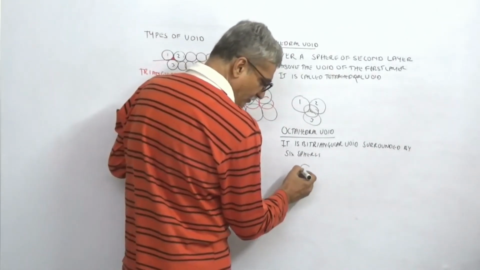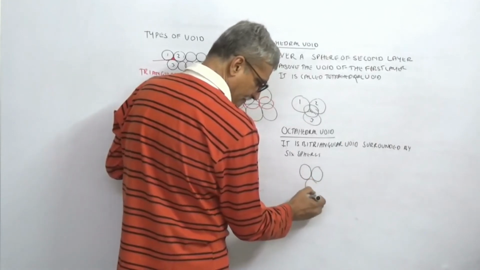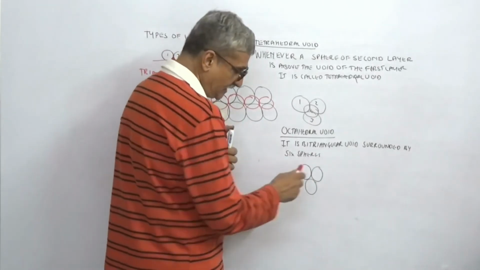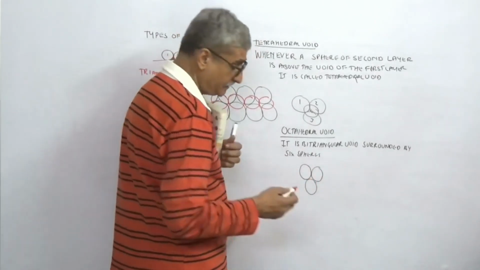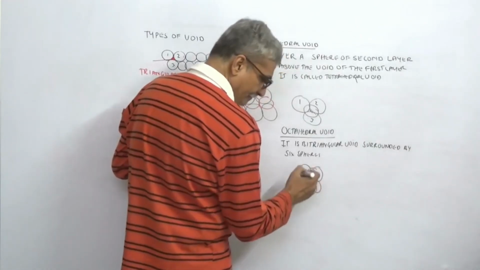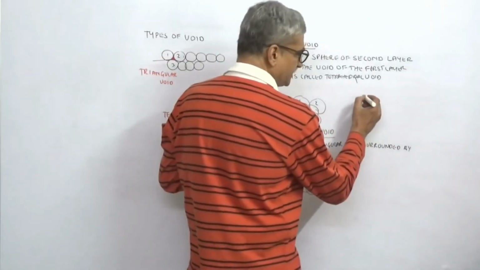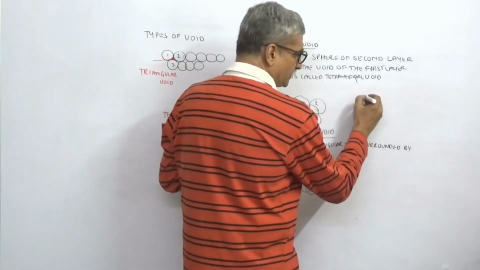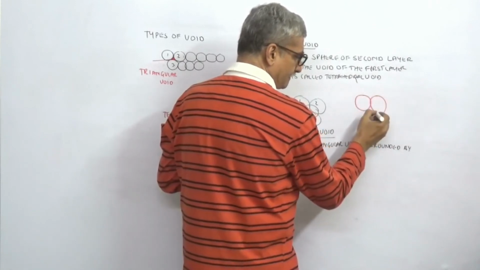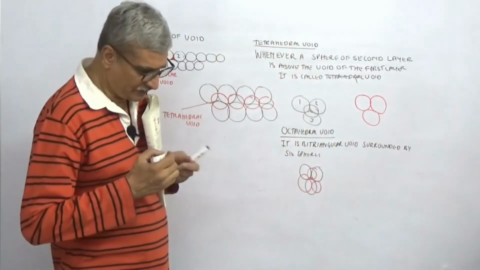I have, suppose, a triangular void. So if I exactly put opposite, another 3, इसके ऊपर ही रख दिया तो ये 1 होगा. If I put it like this, so this sphere, okay, I'll draw over here because it becomes easy for me. So this is your first layer. So this was a triangular void.